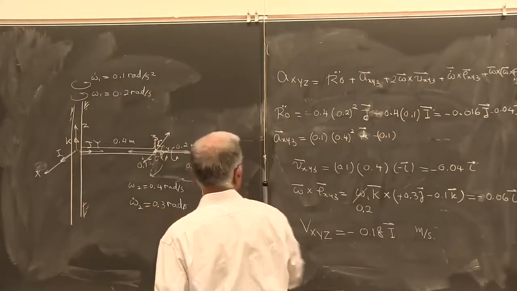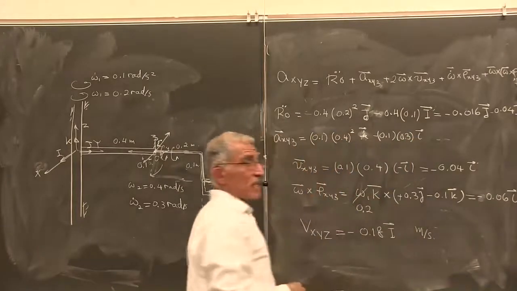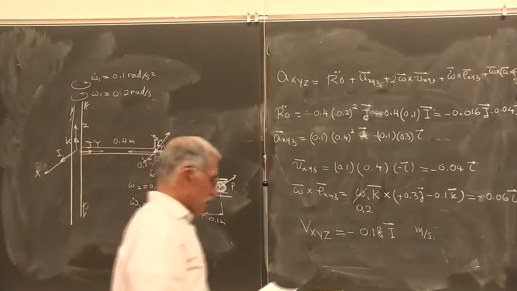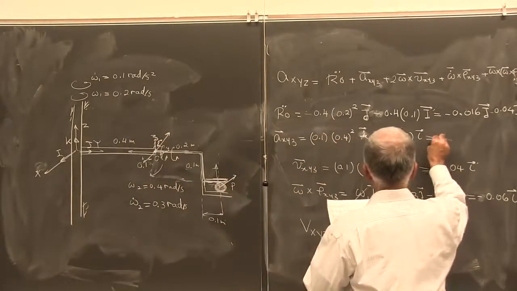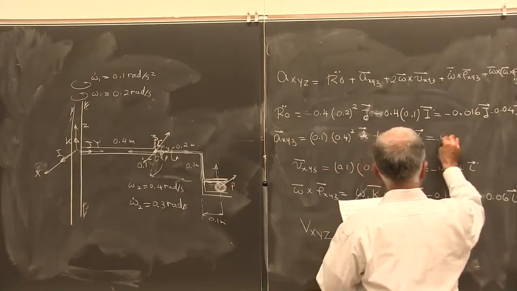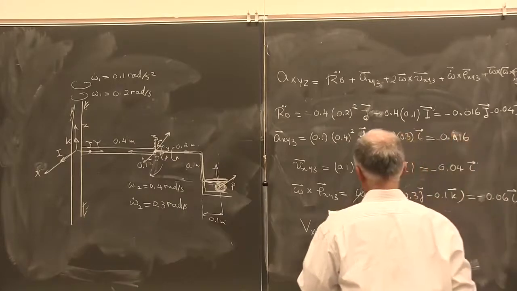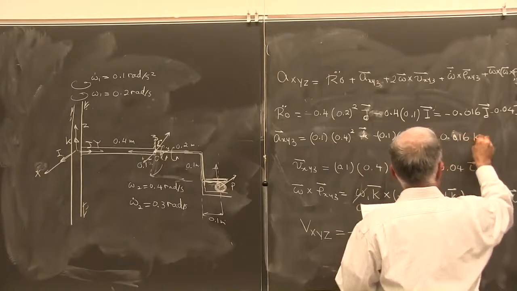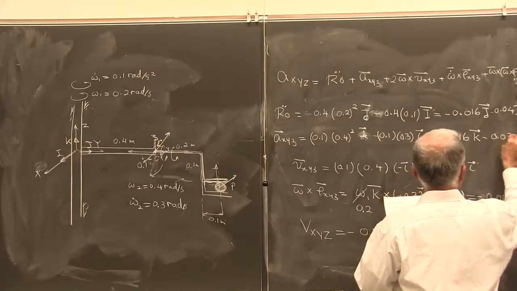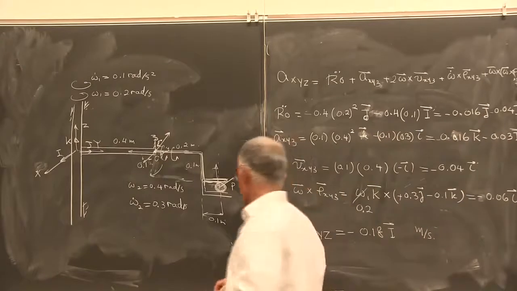Theta double dot is omega dot 2, 0.3. The direction of that one is a small i, but at this instance is the same as capital I. So this number becomes equal to 0.016 capital K and minus 0.03 I. At this instance, capital K and a small k are the same.